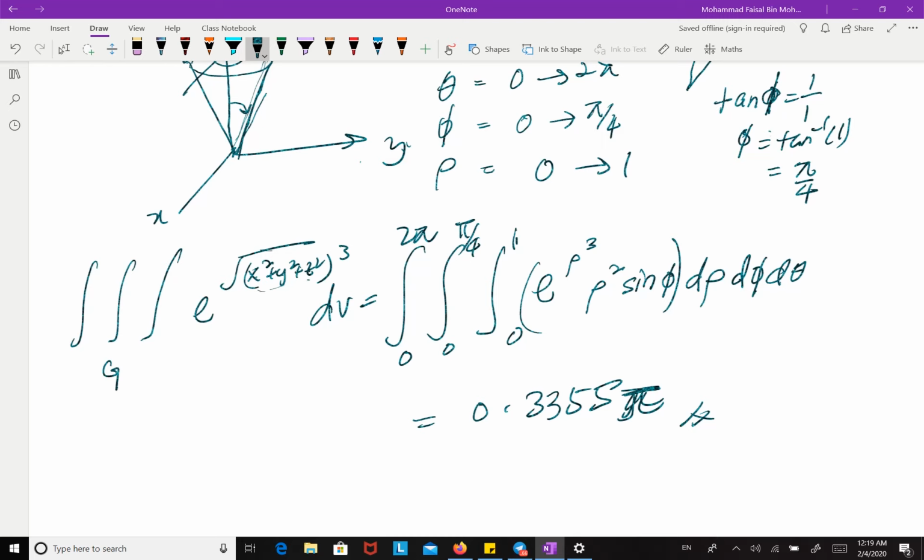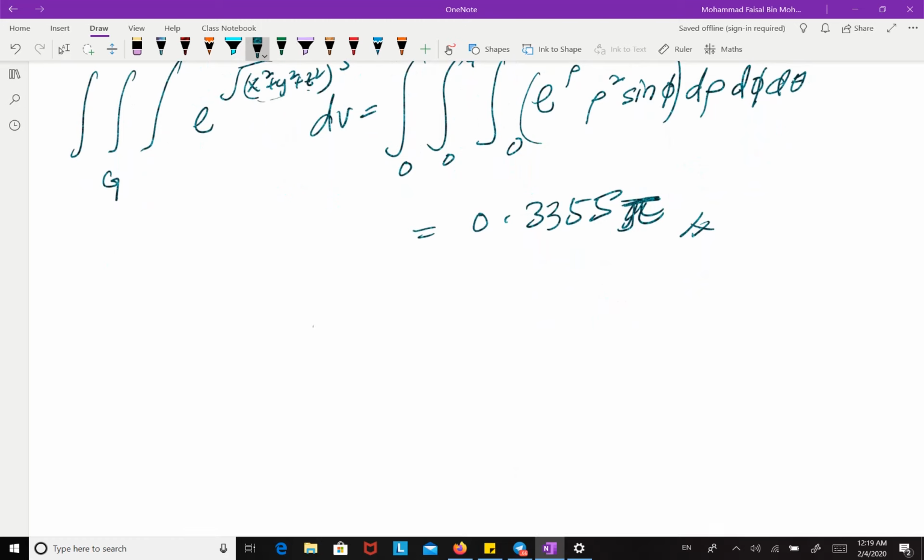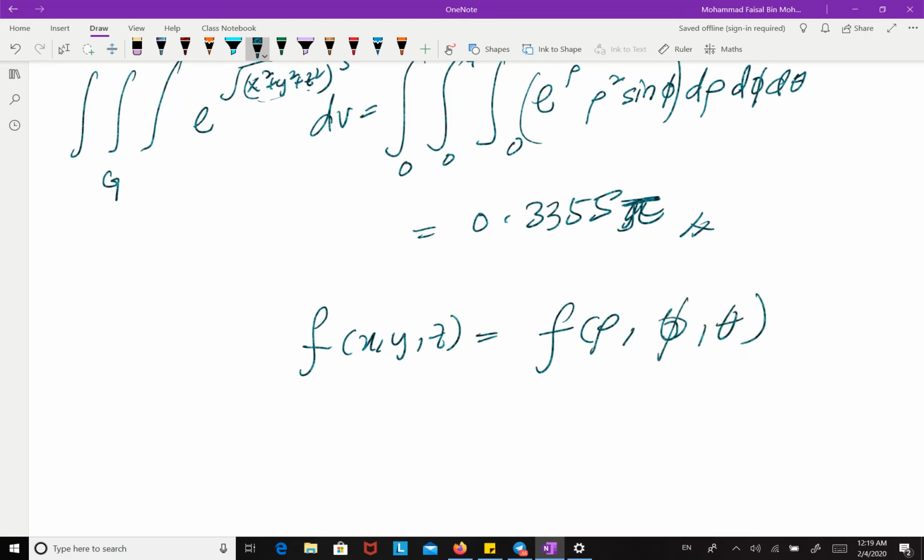Then the application of spherical coordinates, that is volume. So for volume, f of x, y, z, that is the function of rho, phi and theta, will be equal to 1. Thus your triple integral under G will be 1 dV, that is volume.